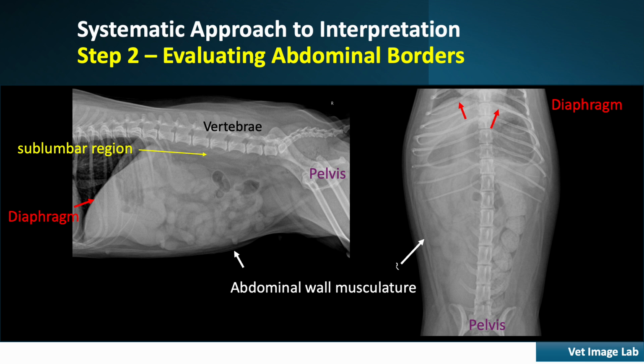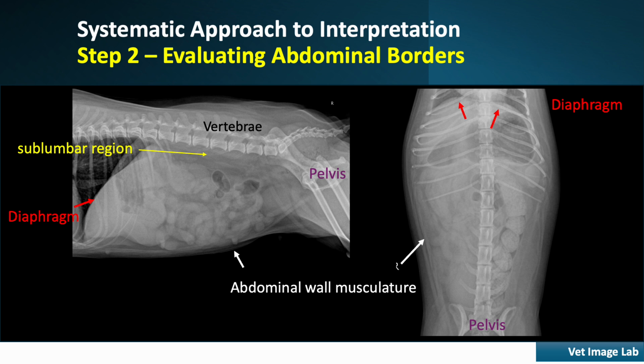Next, the abdominal wall musculature should be smooth and intact. Any bulging, irregularity, or gas accumulation in the subcutaneous layer could suggest issues like hernia or trauma-related rupture. The vertebrae and sublumbar region should be checked for abnormalities like soft tissue masses or bony changes that could indicate metastasis or lymphadenopathy.